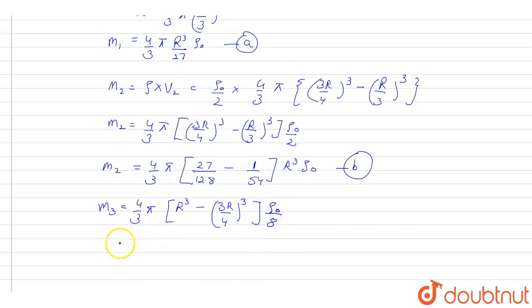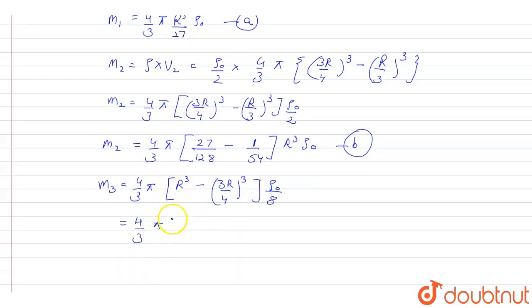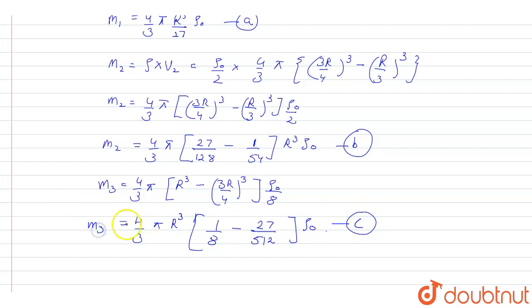So upon simplifying this, I will get 4/3 π, taking r³ common and multiplying 1/8 inside the bracket, I will get 1/8 minus 27/512, ρ₀. So this is equation C for M3, right?